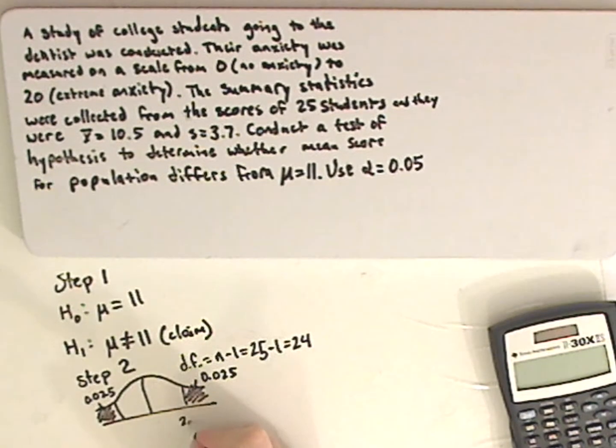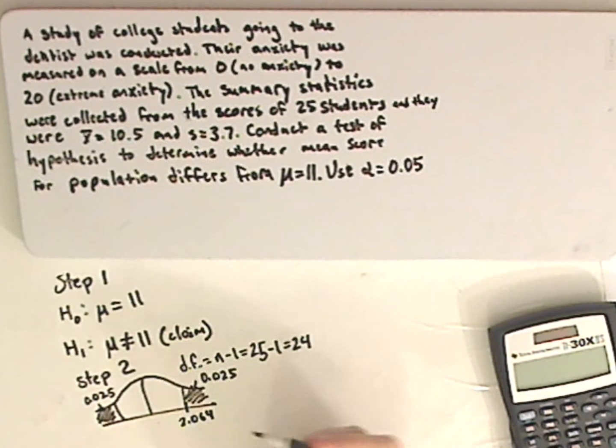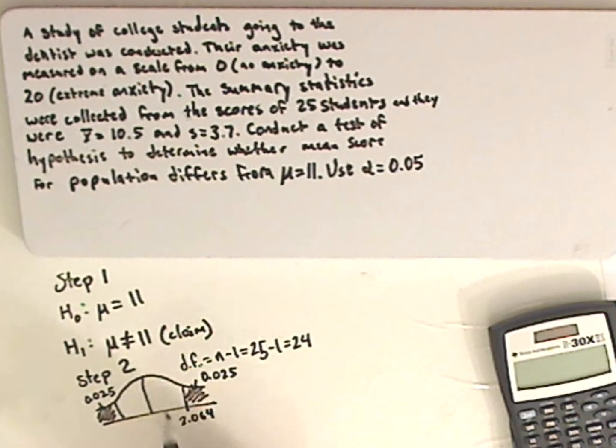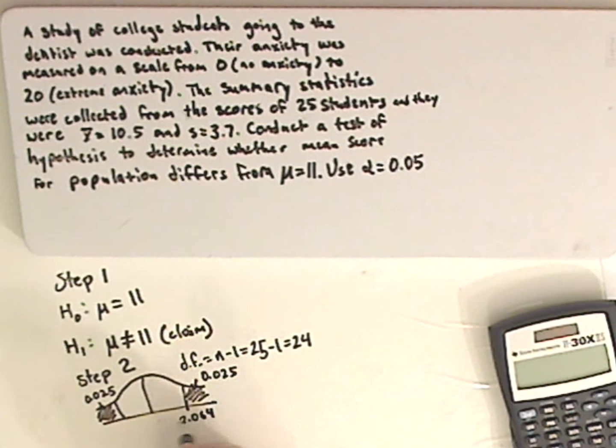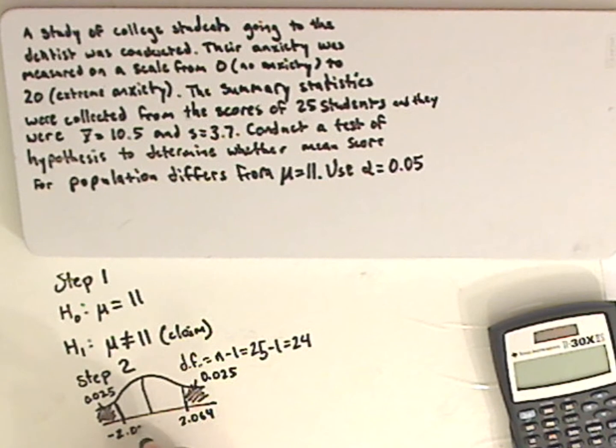Like z-scores, t-scores are symmetrical, the curves. So what that means is, if this is 2.064, then over here it's going to be a negative 2.064.